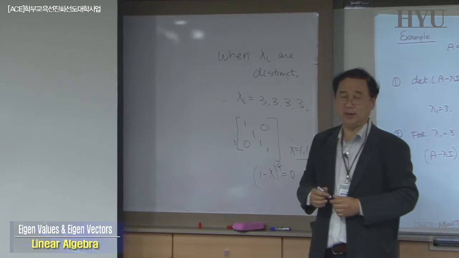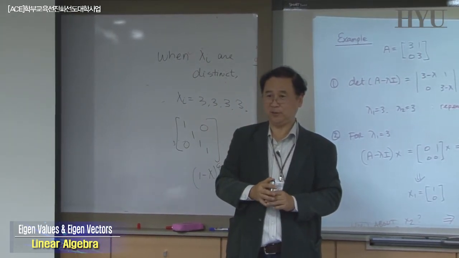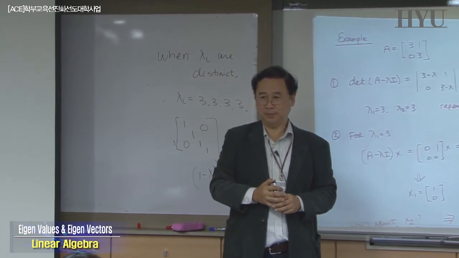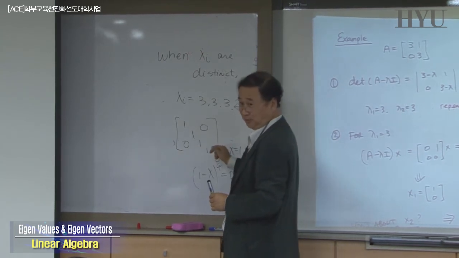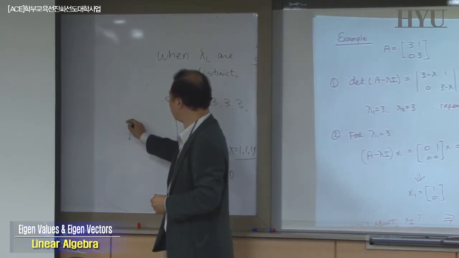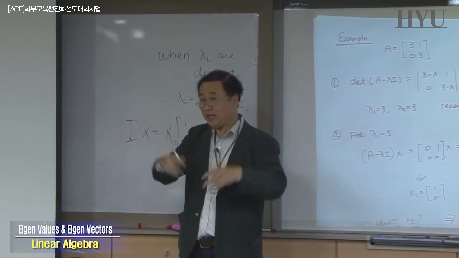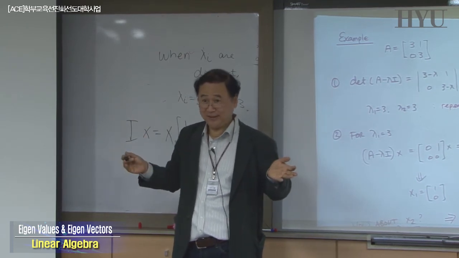Can you find any eigenvector for this? This is the identity matrix, right? Then Ax is x, right? It means any vector works. Any vector is an eigenvector there, right?